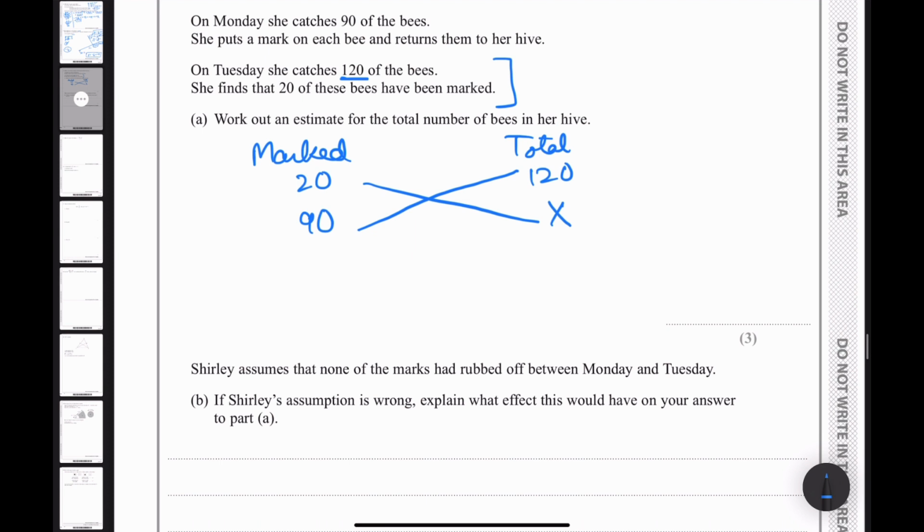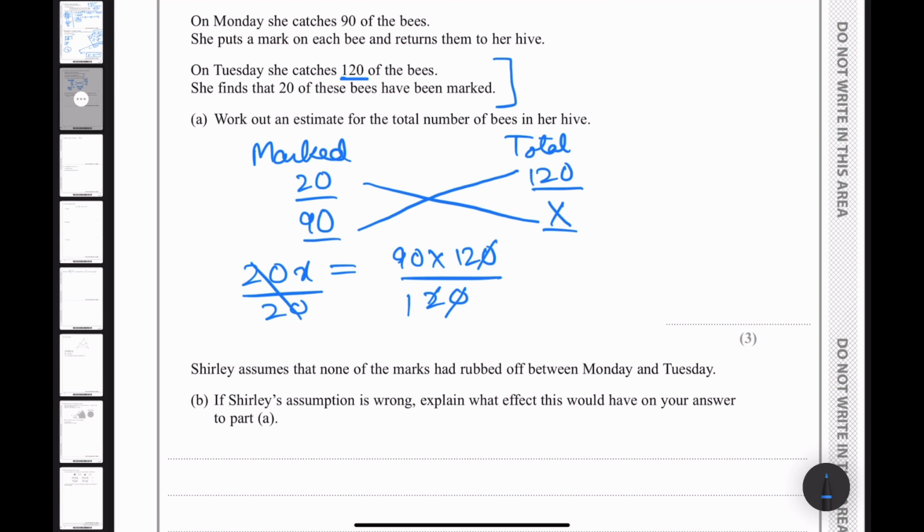So 20x is equal to 90 times 120. Divide both sides by 20. The 0s will get cancelled. 2 times 1, 2 times 6. 90 times 6 is 540. So these are the total number of bees in the hive, 630.